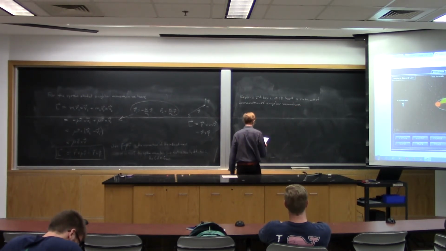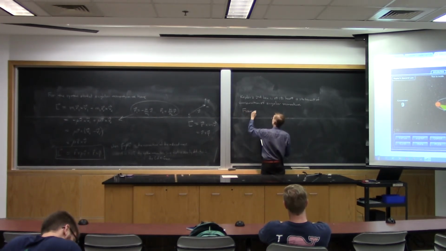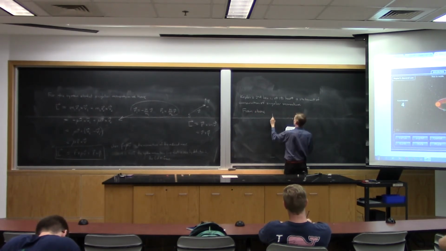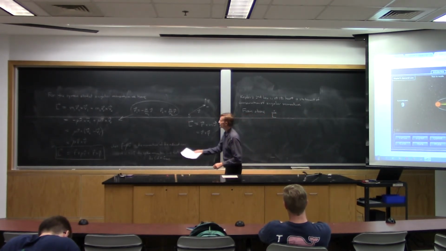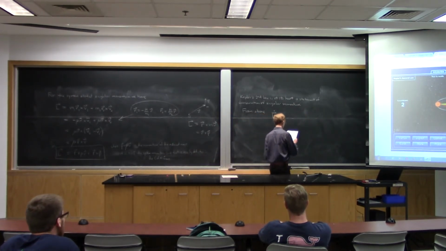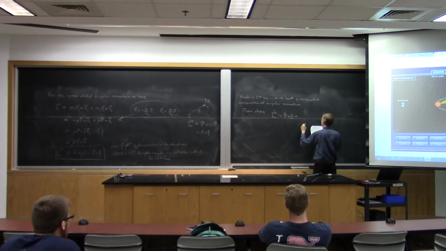Conserve. It's doing such a good job of it. From above, if we take the derivative of r cross p, L dot is going to be r dot cross p plus r cross p dot.